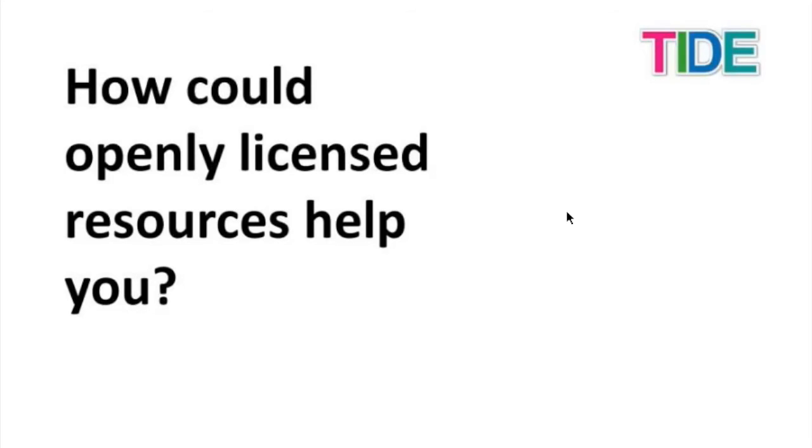We're going to see what openly licensed resources comprise in a moment. But some of the arguments for using them are that you can access resources more easily. You can share ideas, notes, resources. If people share them on an open license, you can reuse them. It saves time and cost. We saw earlier you don't have to ask permission to use something.